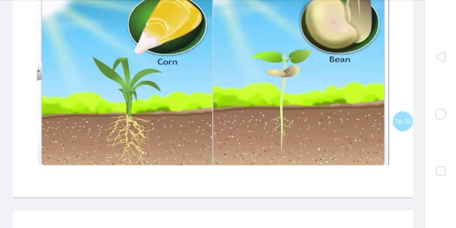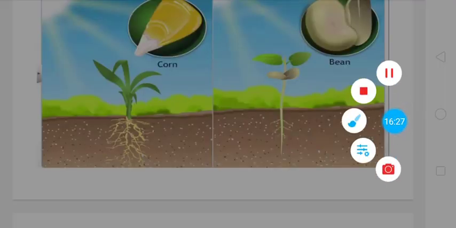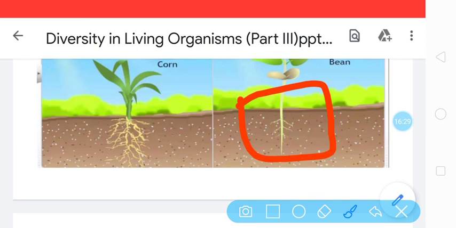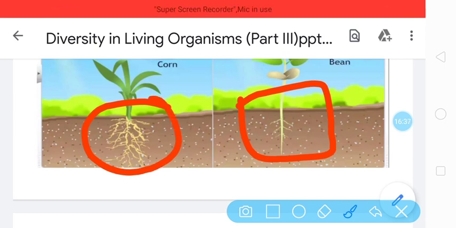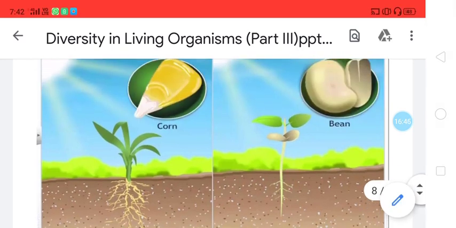There is one main root, and to that main root sub roots are attached. This type of root system is called a taproot system. Here it is an adventitious type of root system, where many roots come from one point, and in dicot there is a main root. So this is monocot and this is dicot.